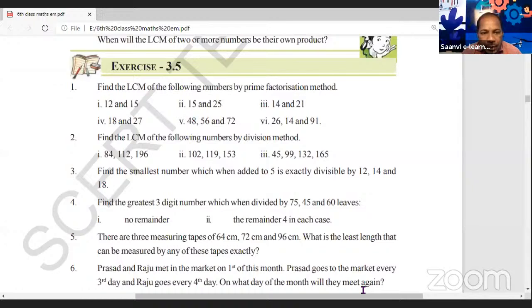So already we have discussed how to find LCM by prime factorization method. So let us see exercise 3.5 first bit. Let us see how to find that LCM by prime factorization method.